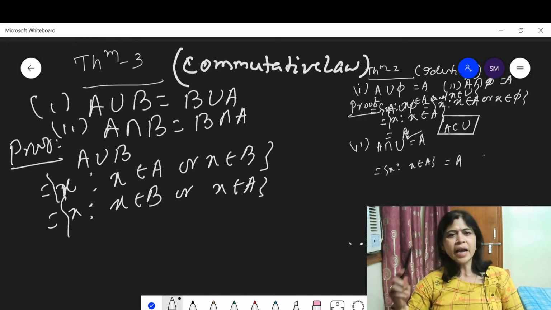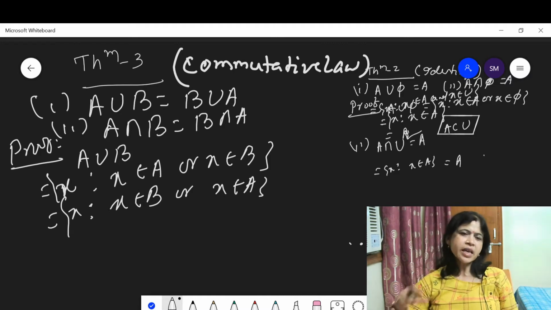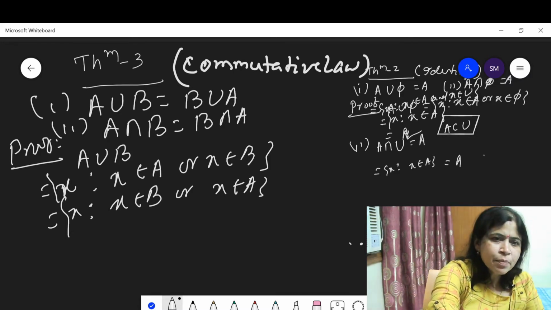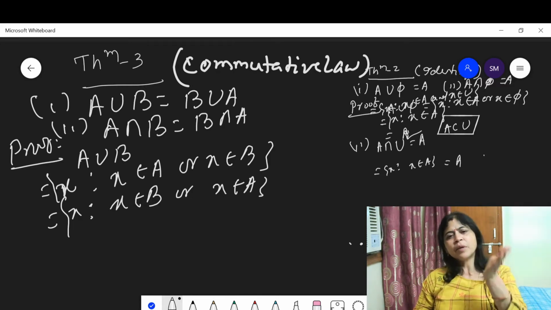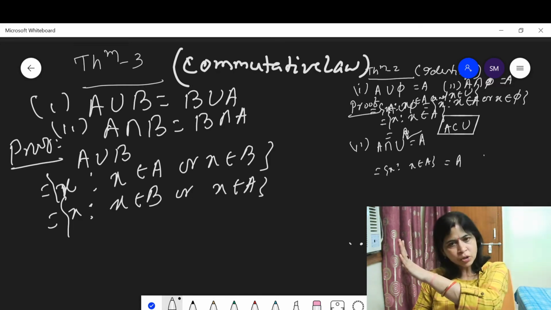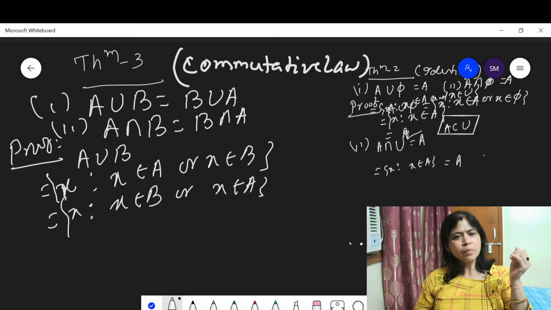Any change? No change. Suppose I have written x belongs to a or x belongs to b. In the same way, this means x belongs to b or x belongs to a.